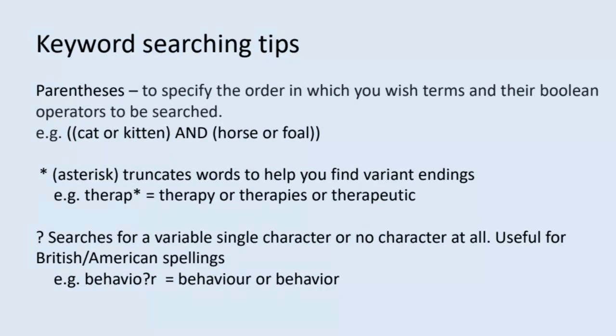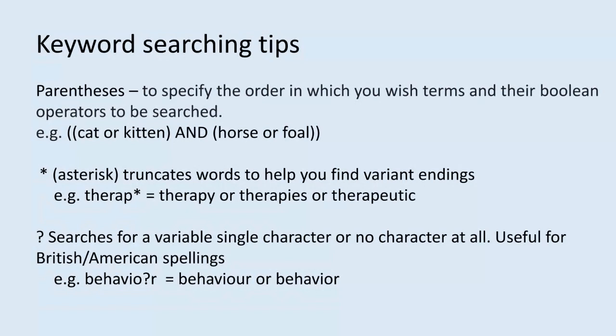In the example we've got here, quite a weird search I have to say, but it explains it really well, we've got cats or kittens as a concept, and horse or foal as a second concept, and we want to return any results that talk about both cats or kittens and horses or foals. So we can put our synonyms in brackets combined with or, and we put the and in between.